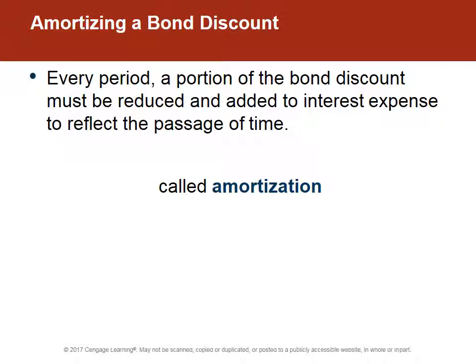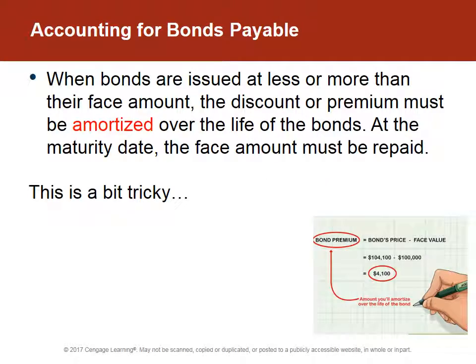However, the bond issuer, the company that sold the bond, has to work on modifying the interest expense to reflect the passage of time related to the discount. So these discounts and premiums have to be reduced down to zero over the life of the bond. When bonds are issued at less than their face value or more than their face value, this premium or discount is amortized, and then at the maturity date, the face amount is repaid.